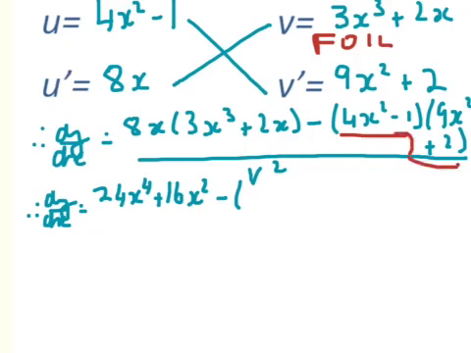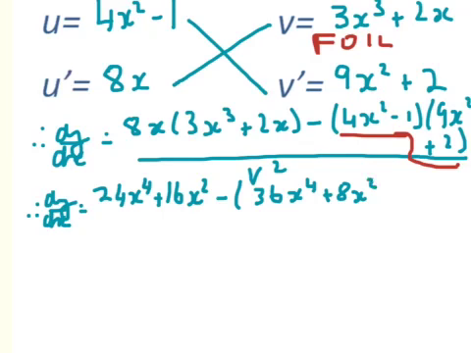Okay, so the first terms are 4x squared times 9x squared, so it's 36x to the power of 4. The outside terms are 4x squared times 2 is plus 8x squared.